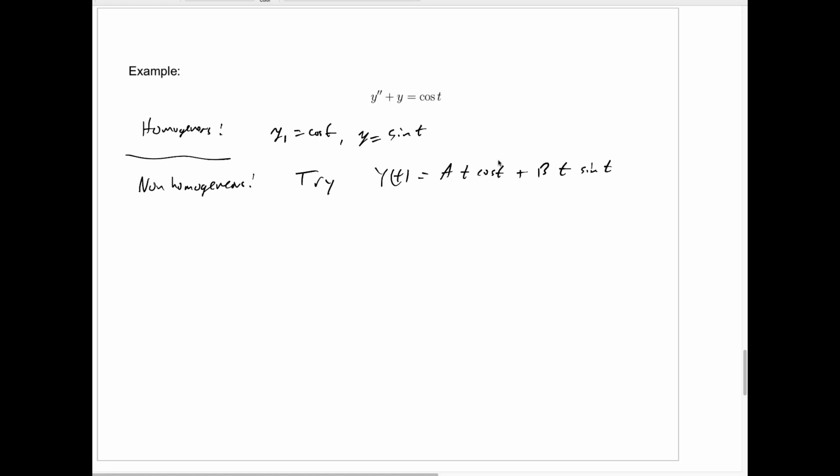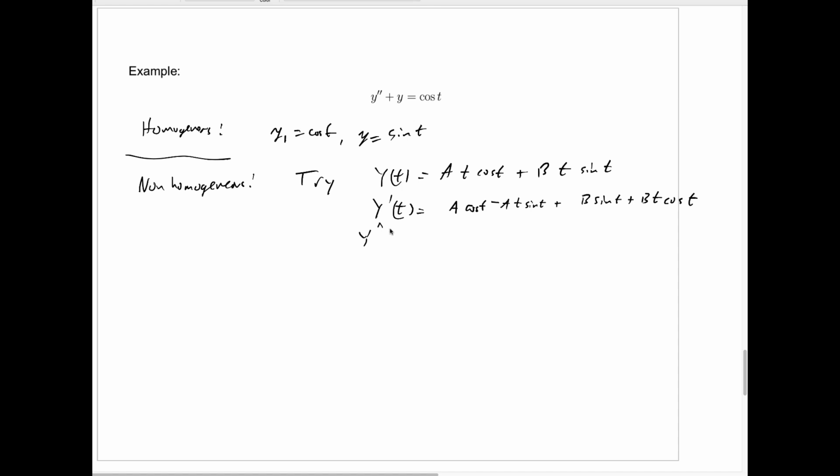Now we have to just compute what's y prime of t. Again, using the product rule frequently here, we'll get the derivative of at, which is just a cosine t, and then at times minus sine t, so we'll get minus at sine t plus b sine t plus bt cosine t. We'll compute y double prime.